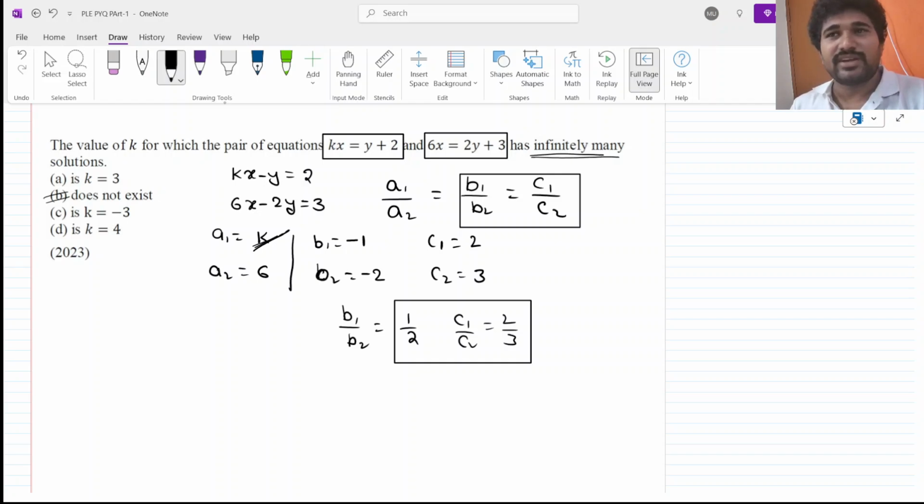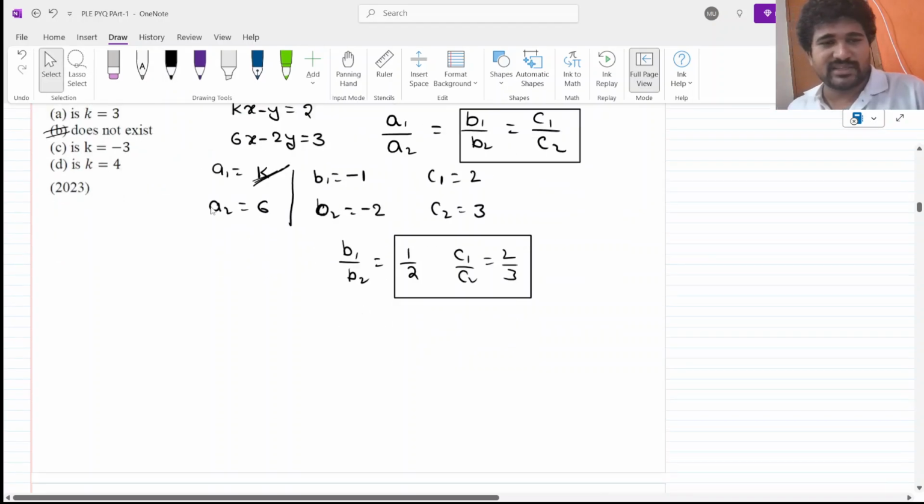Are you clear with that? Take any K value, you will not get it. 1 by 2 cannot be made equal to 2 by 3. Any K value you take, you cannot make it equal. Is that clear? Let's see the next question.